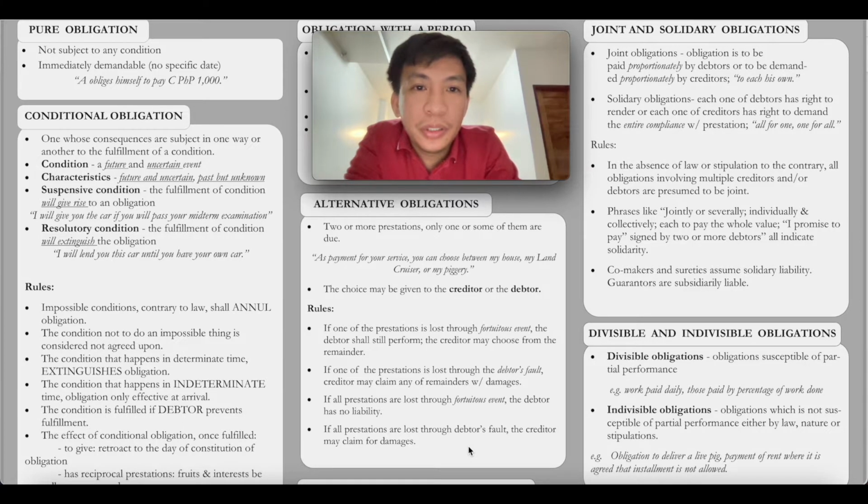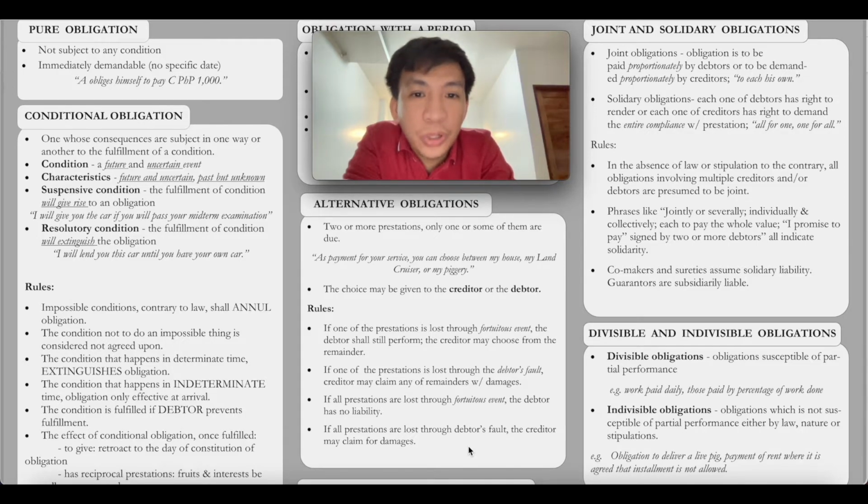Sabi sa'yo, uy, mag-co-maker ka nga sa akin. What should you do? Well, as a co-maker, you are solidarily liable. The obligation is solidary. What does it mean when it is solidary? Ibig sabihin nun, kumbaga, it appears na para kayong solidary debtors.